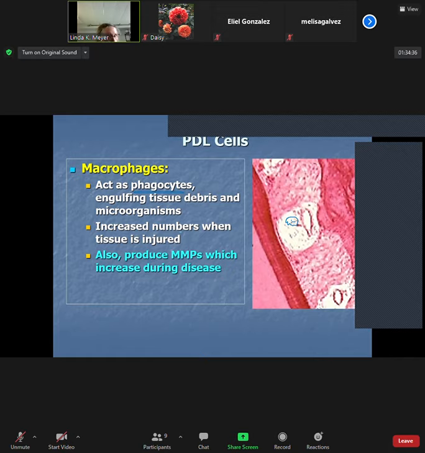And one thing I didn't mention before, in the periodontium, when more of them come to the area when there's inflammation, either in the gingiva or deeper in the periodontium, as in this area, they too produce enzymes that destroy the connective tissue.